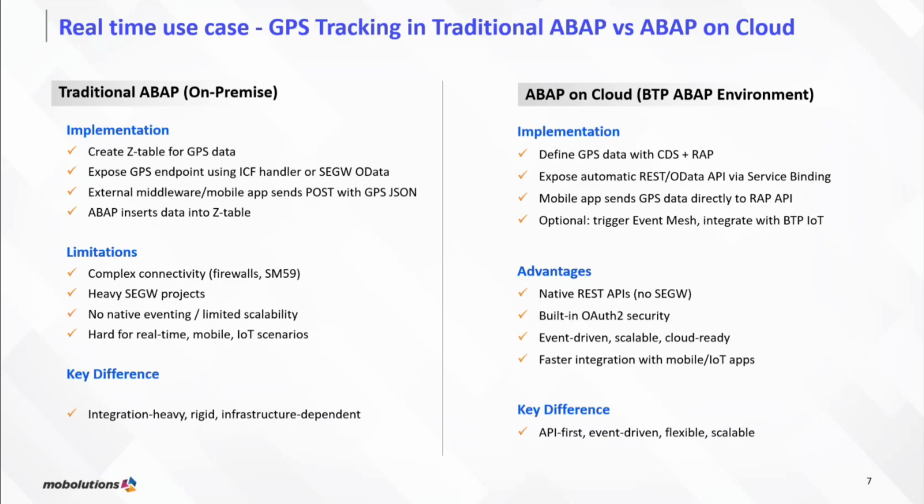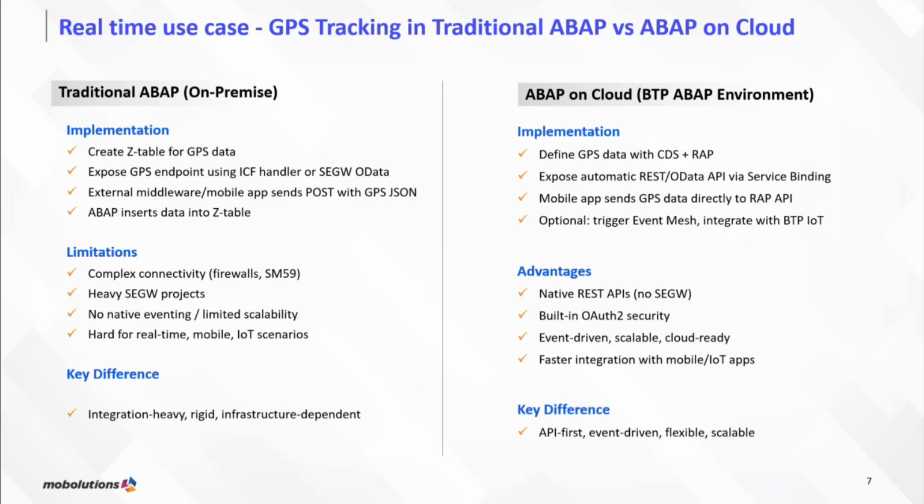Once everything's set up, the mobile app can finally send GPS data to the backend, but scalability, not great. And real-time or IoT scenarios, they can be tricky to manage.